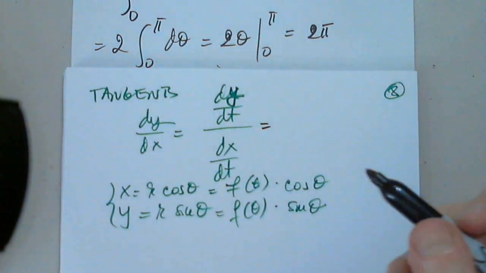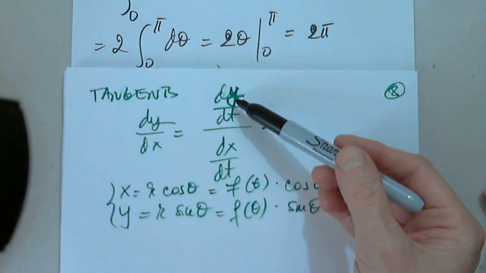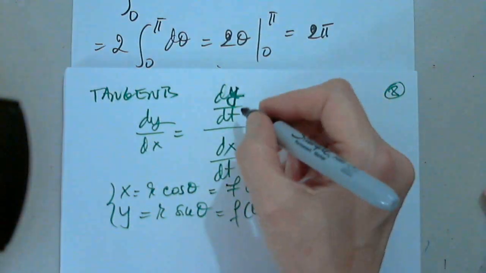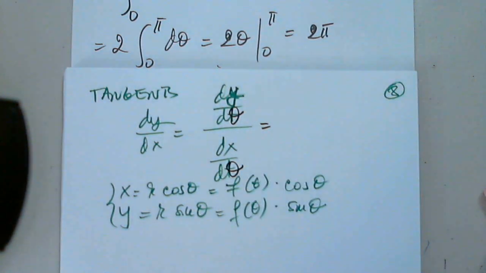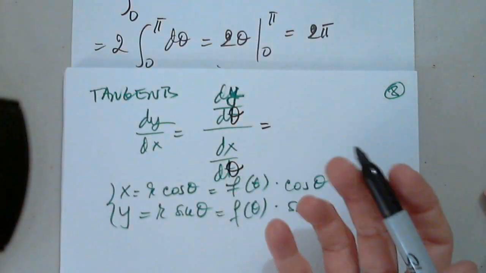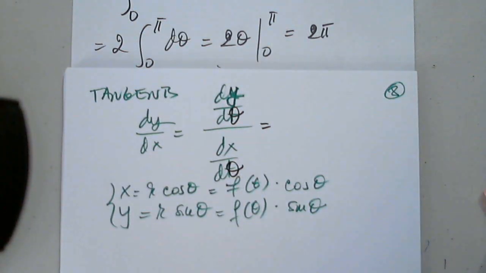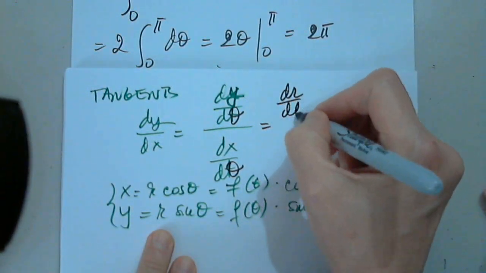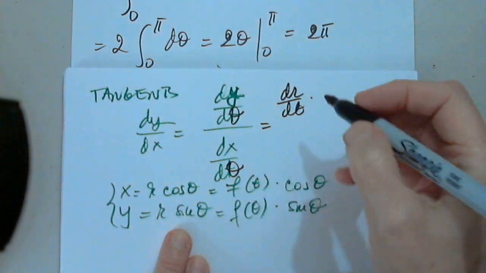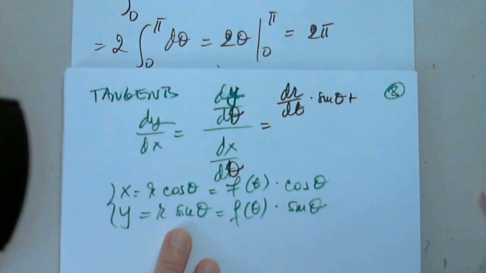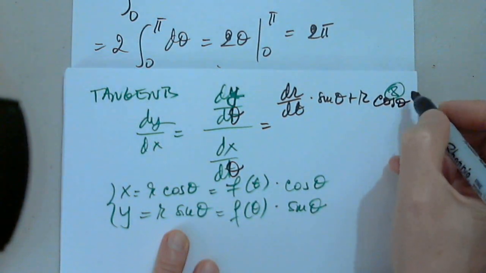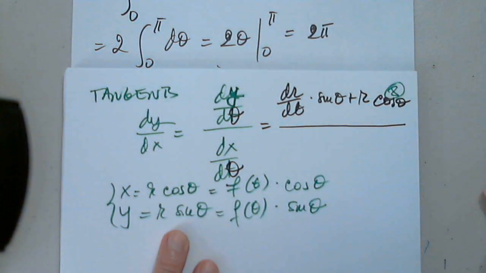Okay, so we need to continue the formula using the given setting. Here's dy over dt, but of course this time we're differentiating with respect to theta, because we don't have t, we have theta in the problem. So dy over d theta is dr over d theta times sine theta, because it's a product, plus r times the derivative of sine theta, which is cosine theta, and everything over.